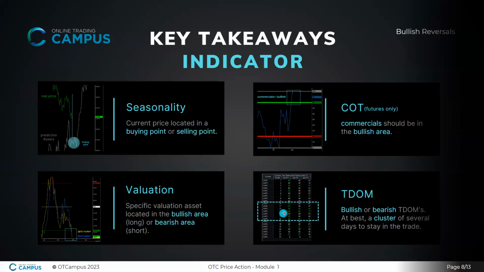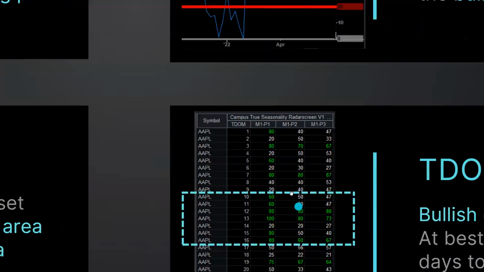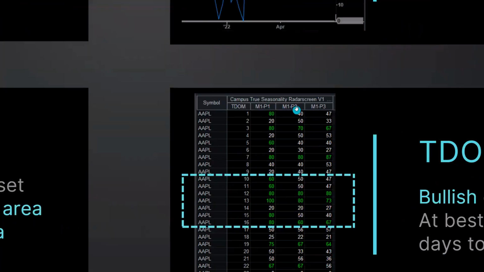As for Apple, the 13th trading day of the month of March. We have 5, 10, 15 years. We have on 5 years a probability of 100%, okay? And 10 years, 80%, and 15 years, 73%.